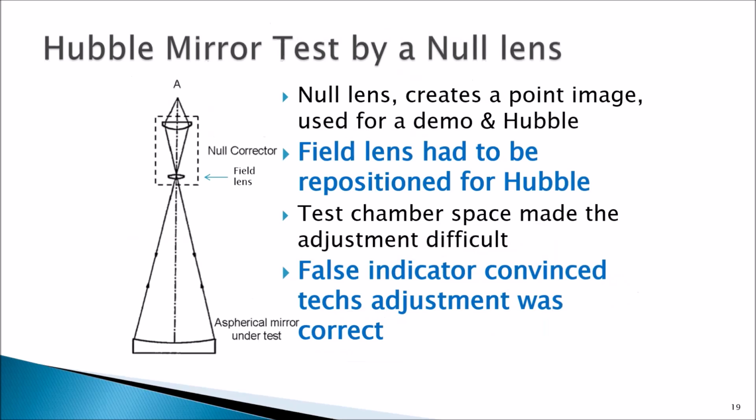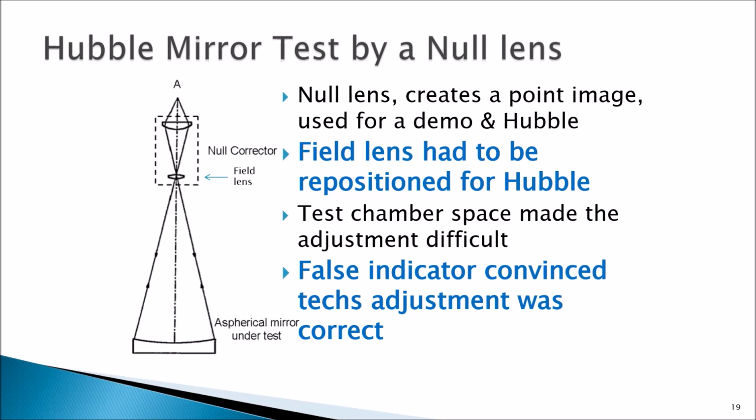The null lens actually takes a point image and distorts it so that when it bounces off the aspheric mirror that we're testing, it comes back through the system and reproduces another point. So we get rid of the aberrations that the aspheric mirror has introduced. We null them out.